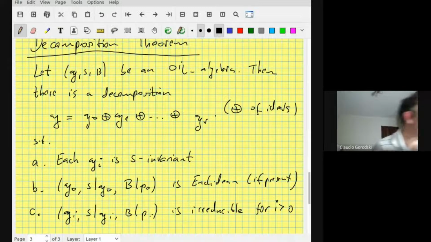Okay, I'm not going to prove this. It's not difficult. It's basically linear algebra using the Jacobi identity.